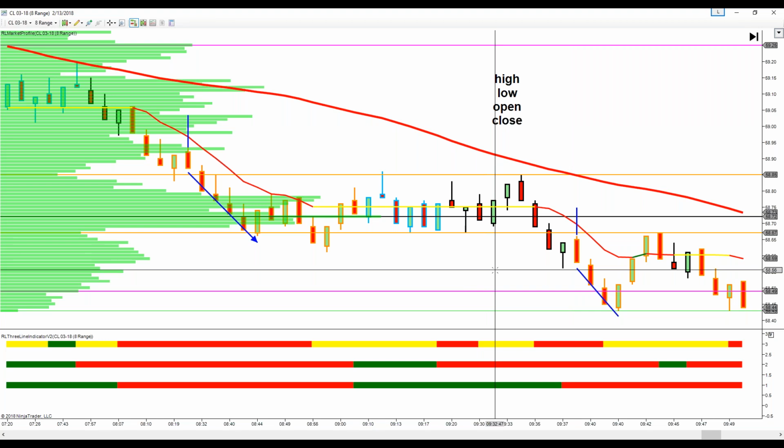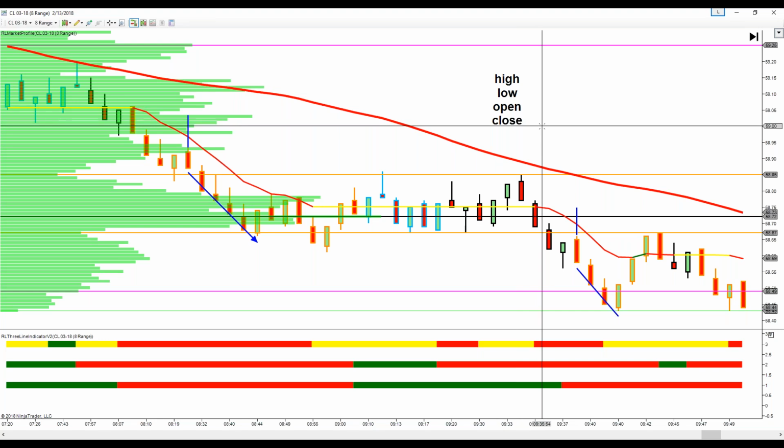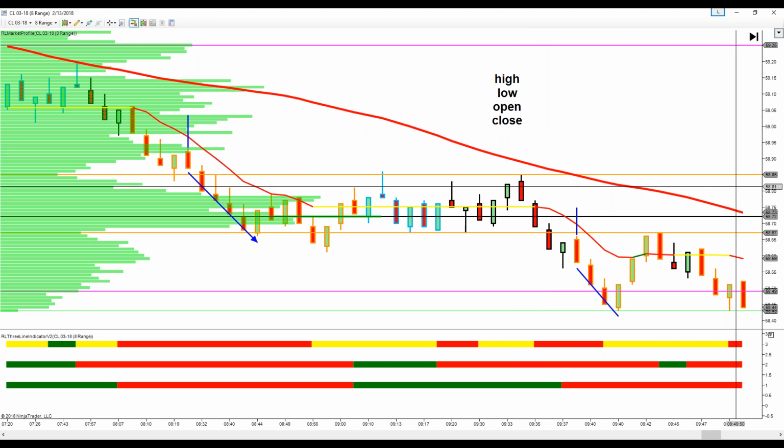But if it's like a wicked Renko or a modified Renko, and there's actually a wick to create a high and a low, as well as an open and a close, then it will work on a Renko. But it will not work on a standard Renko brick, because all there is on a Renko brick is an open and a close. There's no high and there's no low, and the formula for the oscillator does not function. So it doesn't work on standard Renko.